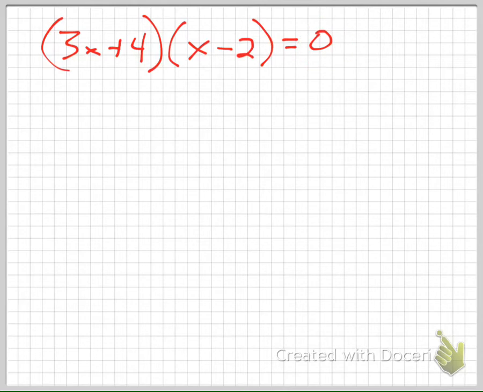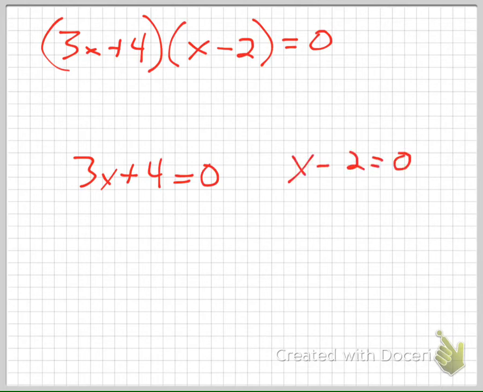What makes this workable is that there's a 0 there, right? Because then you know that this is going to equal 0 or this is going to equal 0. So you rewrite this as two problems: 3x plus 4 equals 0 and x minus 2 equals 0.